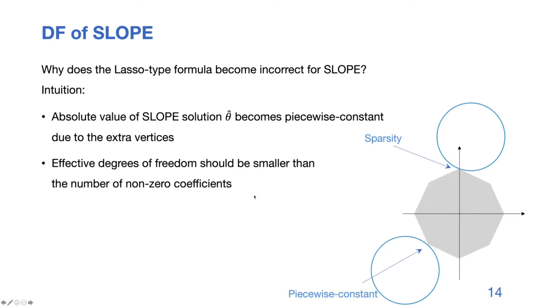Okay, so here's an intuitive reason why the lasso type formula fails to estimate the SLOPE degrees of freedom. First of all, the SLOPE solution becomes piecewise constant due to the extra vertices appearing in the octagon, right? So because of this, the effective degrees of freedom should be much smaller than the number of non-zero coefficients.